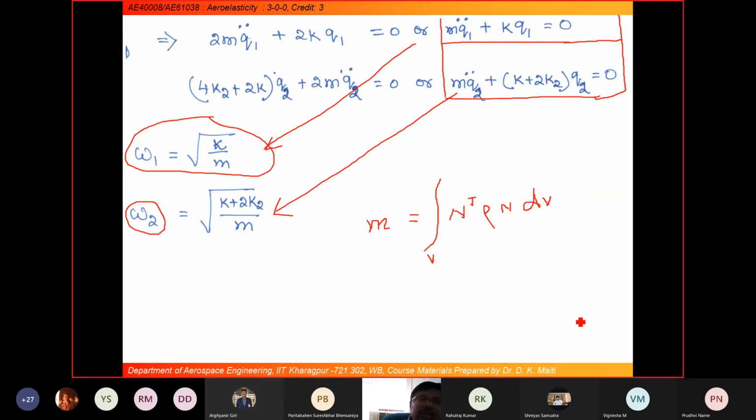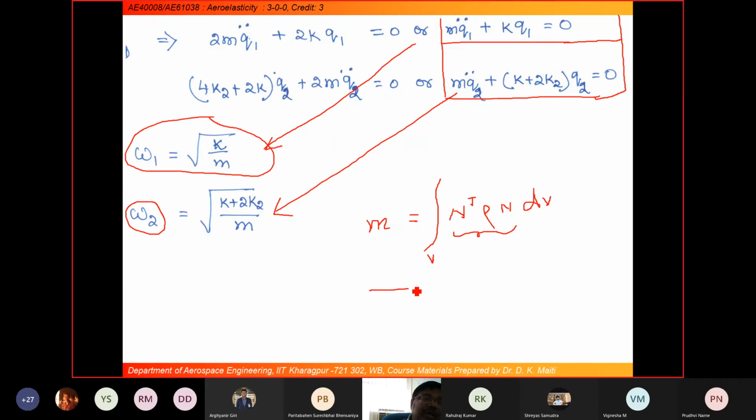If I want a consistent mass where off diagonal terms will be there, that will come from this formulation. Our finite element formulation finally gives the mass matrix equal to N transpose rho N integration dV. After completing this, we will get the consistent mass matrix.